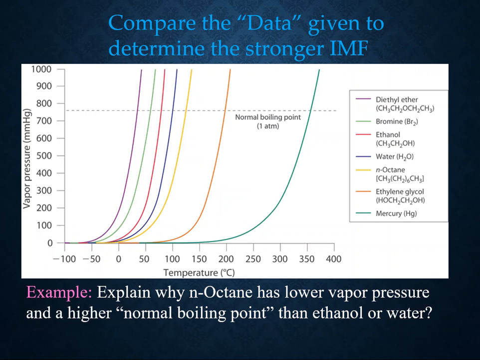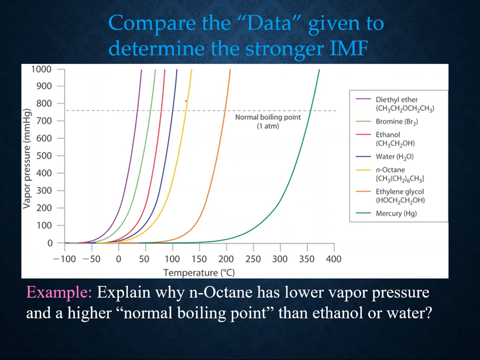Last example here is looking at this vapor pressure curve. Explain why n-octane has a lower vapor pressure and a higher normal boiling point than ethanol or water. So go ahead and compare that. Okay, n-octane has a lower vapor pressure and a higher normal boiling point.